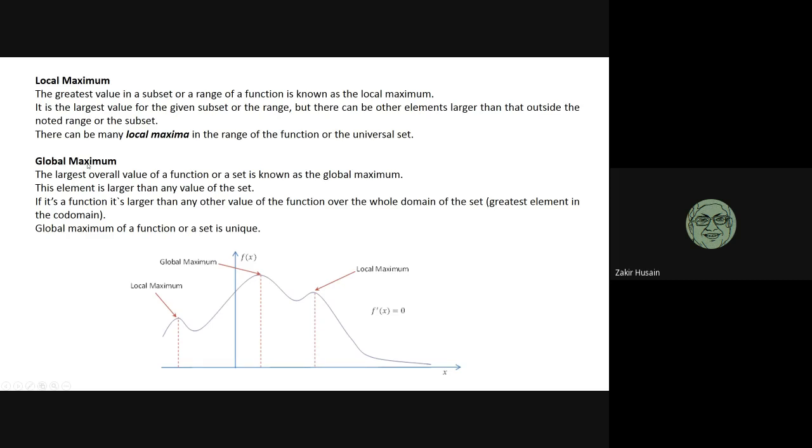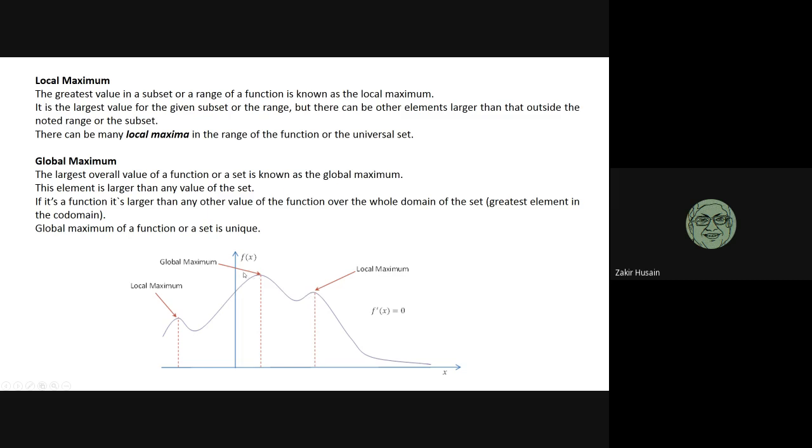The global maximum, on the other hand, as one of you have rightly said, considers the entire range of the function. Over here we have 3 maximum points, but the value of the function over here is higher than any other maximum point.